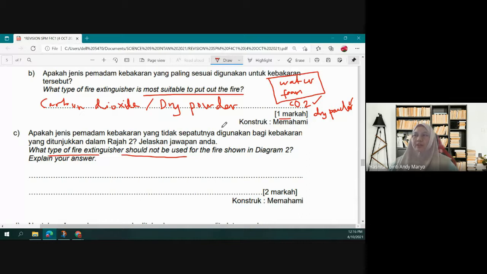So which one should not be used? Okay, so you can write either one of these answers. So which one do you choose? Water or foam should not be used. Sebenarnya dua-dua pun tak boleh guna. Tapi mana yang paling tak boleh guna? Okay, cannot use at all. Okay, anyone? Answer is what type?